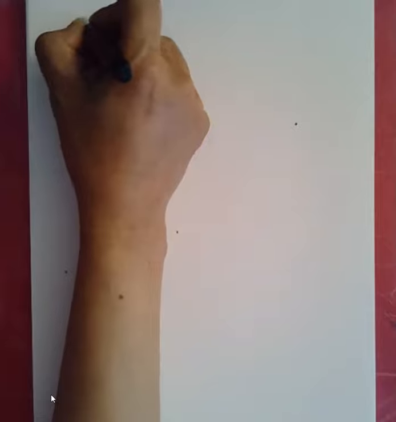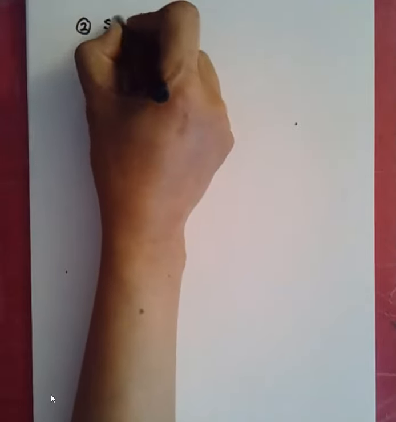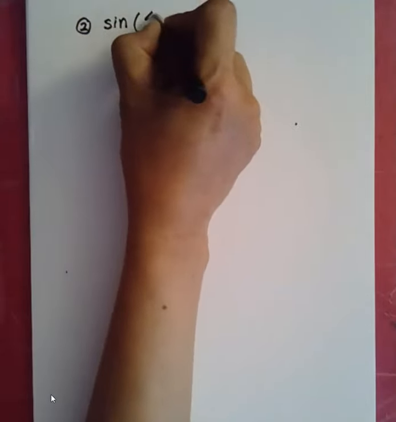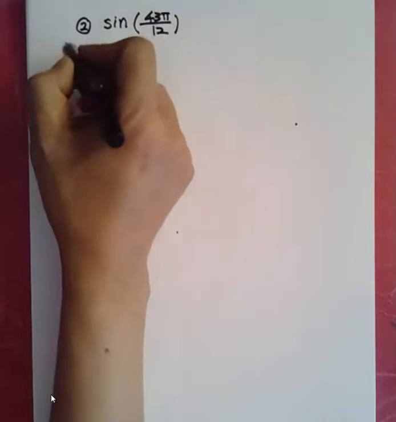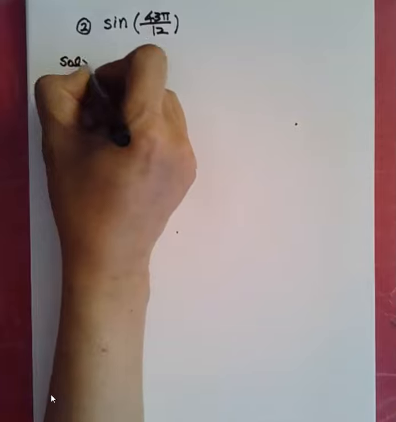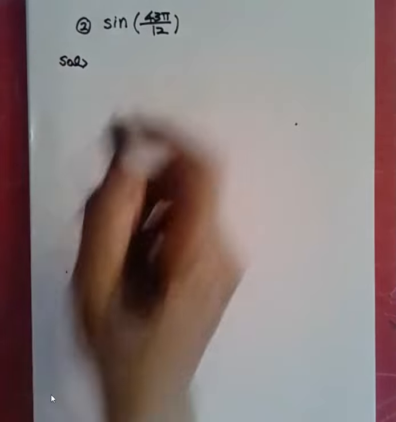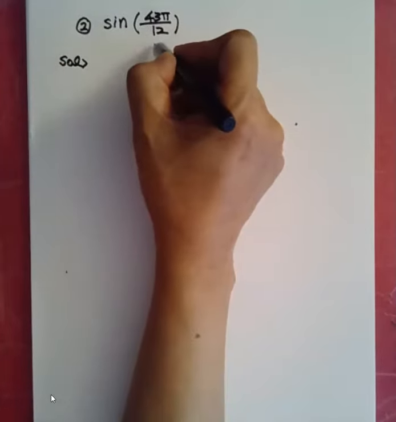The next problem is sine of 43 pi over 12. In this case, the given angle is a big angle.